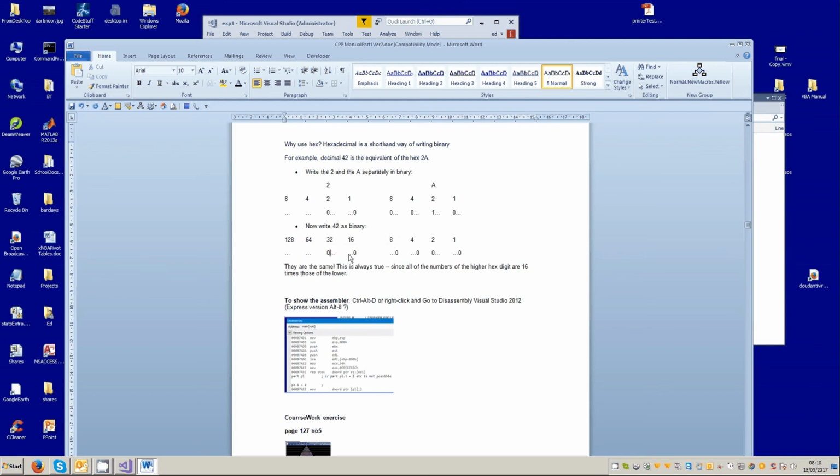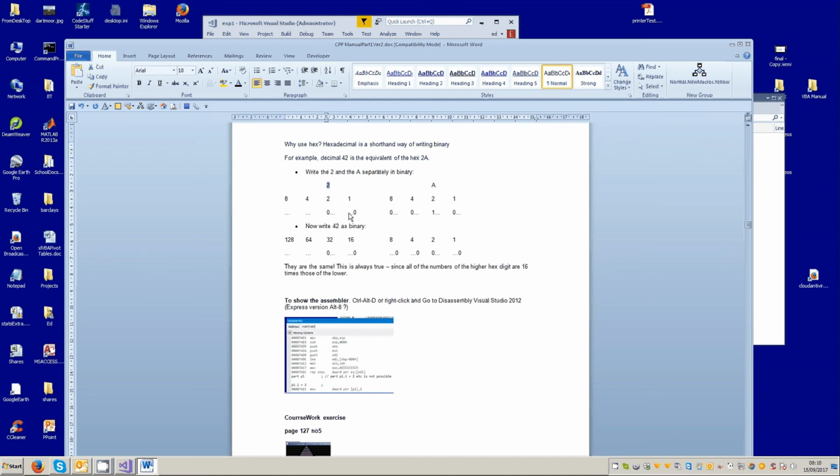Now, if I said, let's look at 2A, and we'll do them separately. The hexadecimal number 2A represents 42. Well, what about if we take them separately? So we've got 1, 2, 4, 8, and 1, 2, 4, 8, the separate nibbles of the byte.